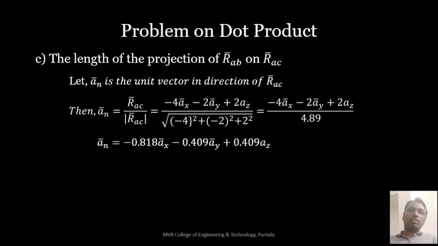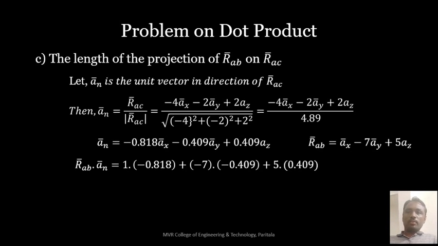Now if you want to identify the length or vector component of RAB in the direction of AN, we have to take the dot product of RAB with AN. Let us take the reference again: RAB bar is equal to ax bar minus 7ay bar plus 5az bar. Now we make the dot product between RAB and AN. The x component for RAB is 1 and for AN bar is minus 0.818.